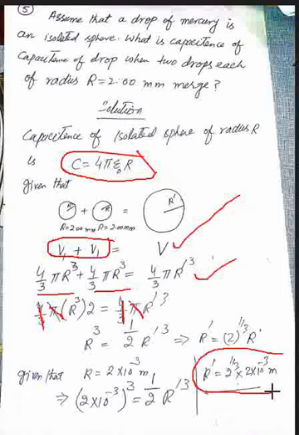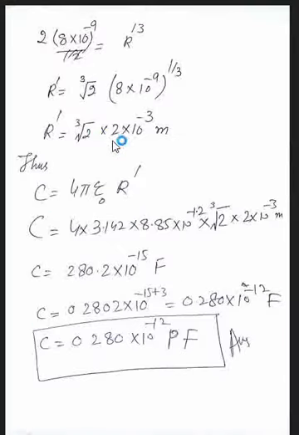We will put this value of r dash here, and we'll get the capacitance of the sphere that came into being by merging two smaller spheres, each of radius 2 millimeter. So we proceed. Let's take 2 cube root into 2 into 10 to the minus 3 meters.